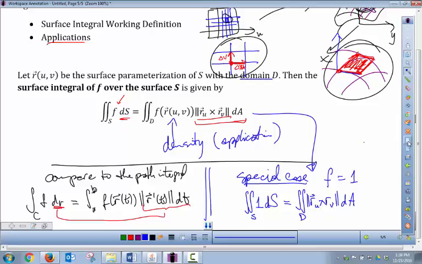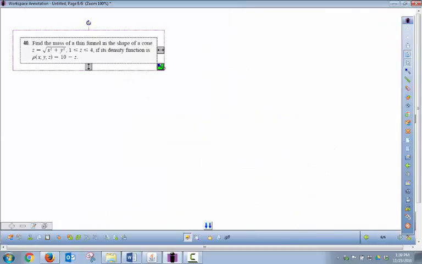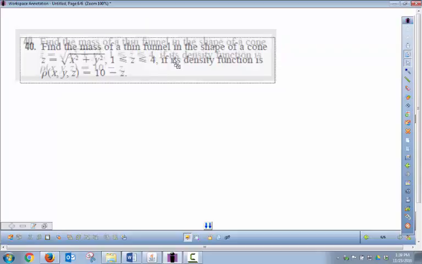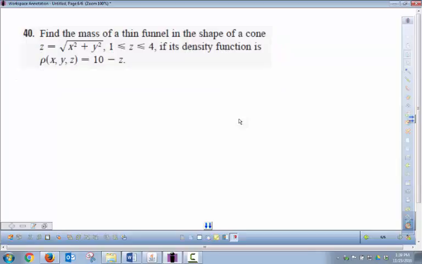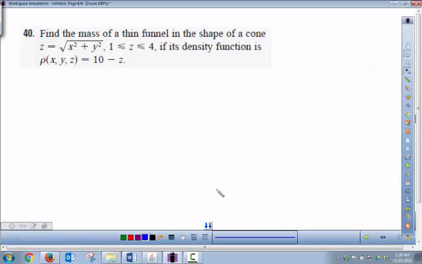All right, I'm going to do an example where we have to find the mass of a thin funnel in the shape of a cone, from z is equal to 1 to 4. So this is a cone. That's the next thing that you guys have to be able to do: look at an equation like this and say, hey, that's a cone.